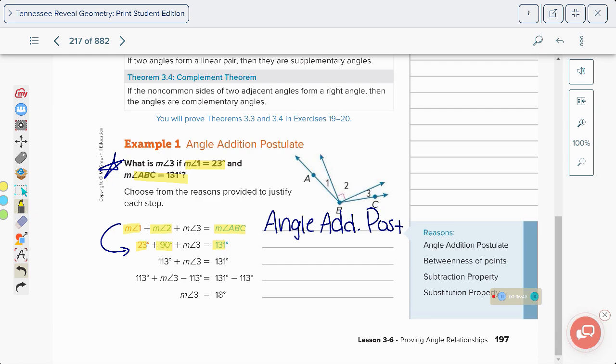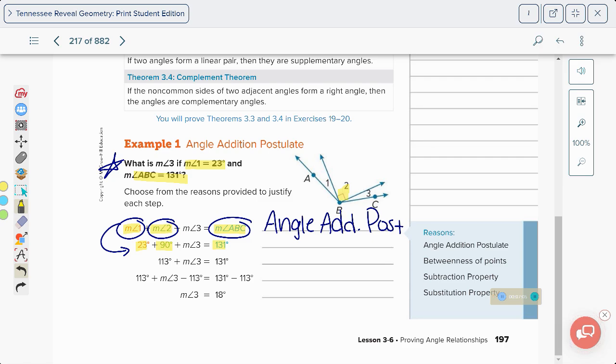So because of that, also angle 2, they gave us right here with that symbol. But because I know that information, I can replace these symbols for their actual angle measure.